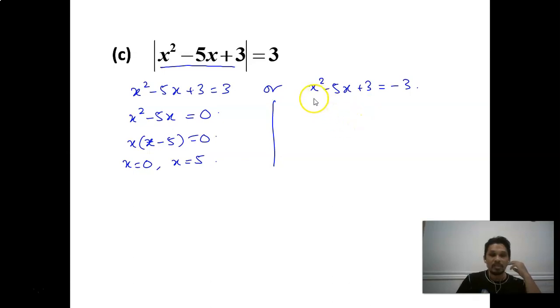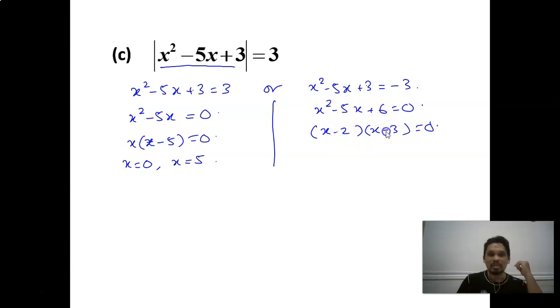And for this one now, x squared minus 5x with the negative 3 brought over becomes positive, so 3 plus 3 equals 6. And factorize this: it is x minus 2 and x minus 3. Let's double check. x times x, x squared. x times negative 3, negative 3x. Negative 2 times x, negative 2x. Negative 3x minus 2x, negative 5x.